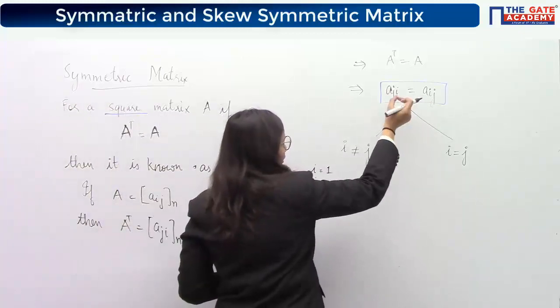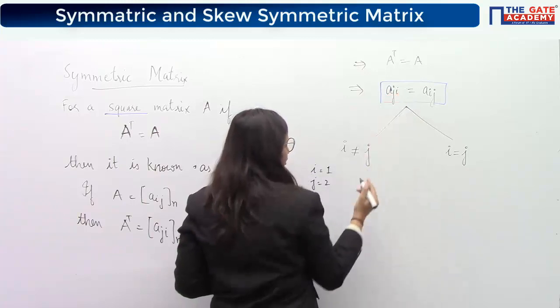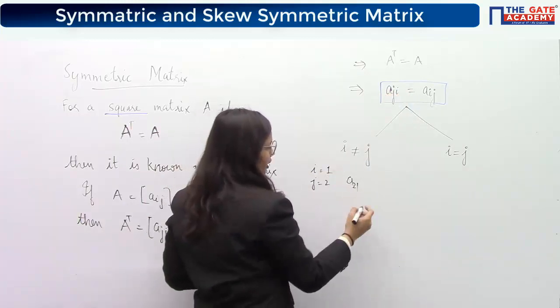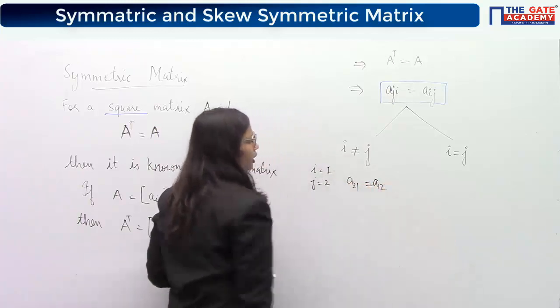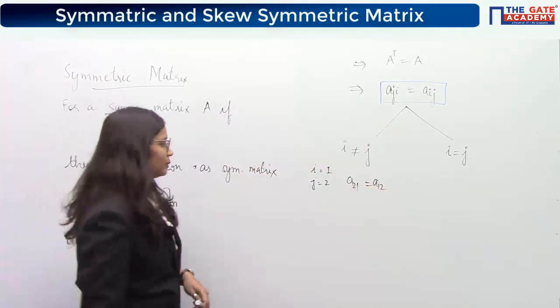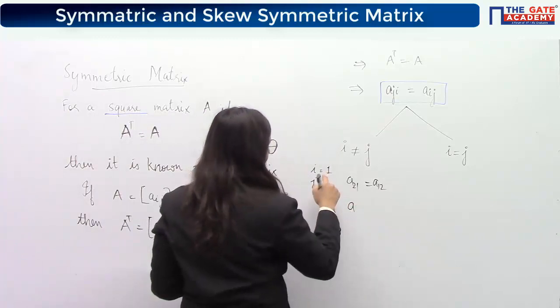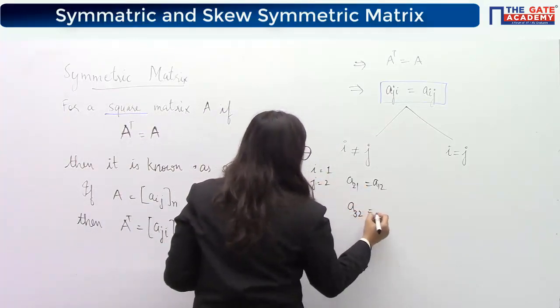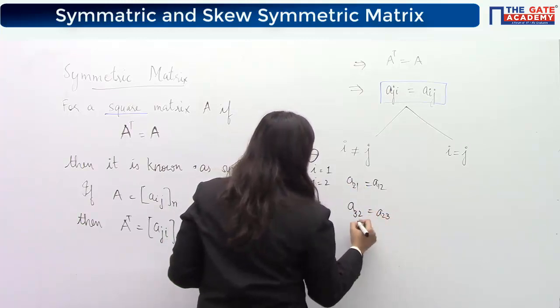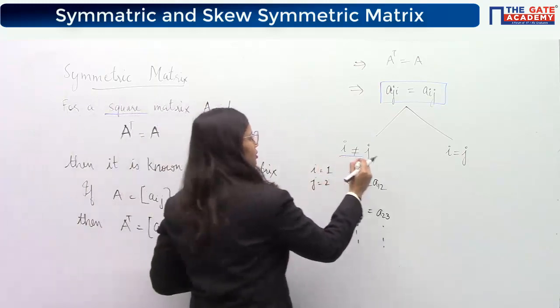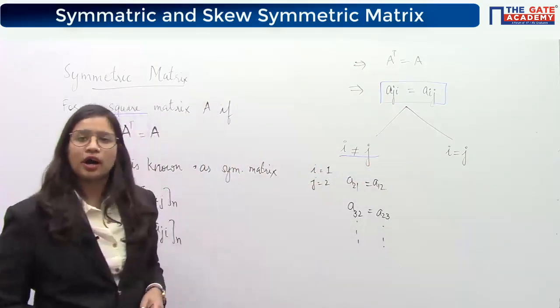That A21 is equal to A12. Similarly, if I switch to other elements, let's take j as 3 and i as 2, it will be A32 equal to A23, and so on for all elements for which i is not equal to j. So I think you got my point.